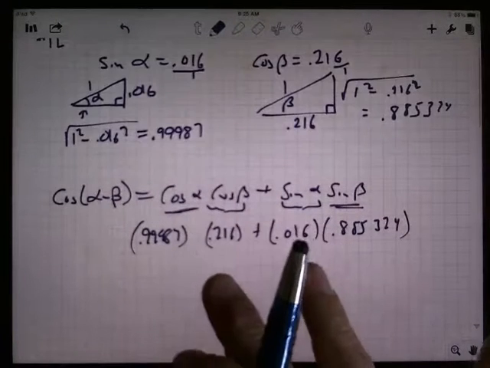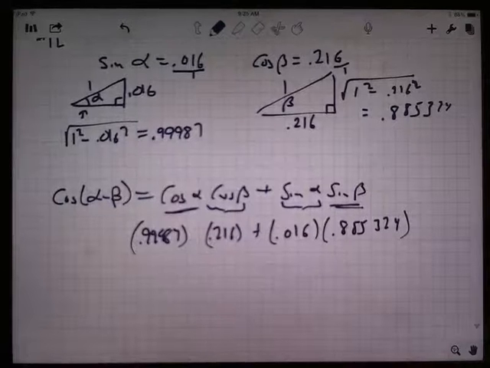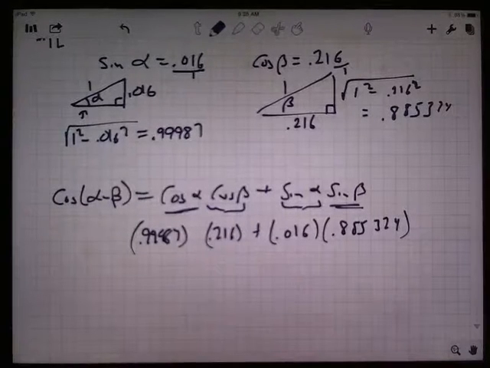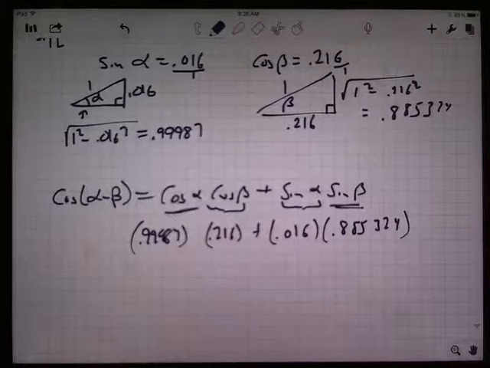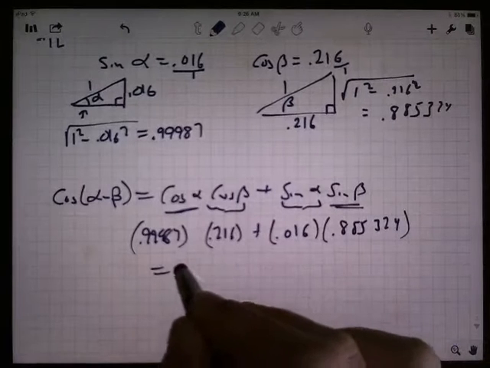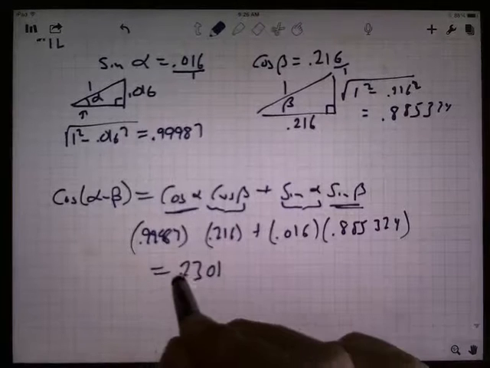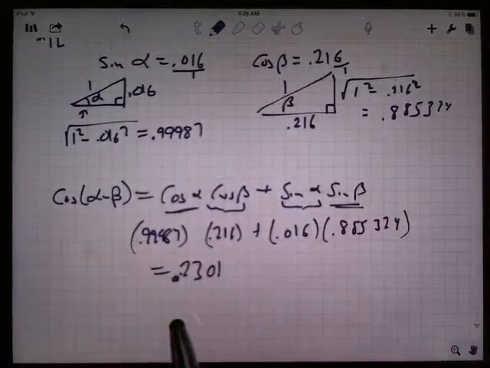So what do I get here? 0.99987 times 0.216 plus 0.016 times 0.885324. It looks to me like this answer is 0.2301. I think they wanted 4 decimal places. So there we go, 0.2301.